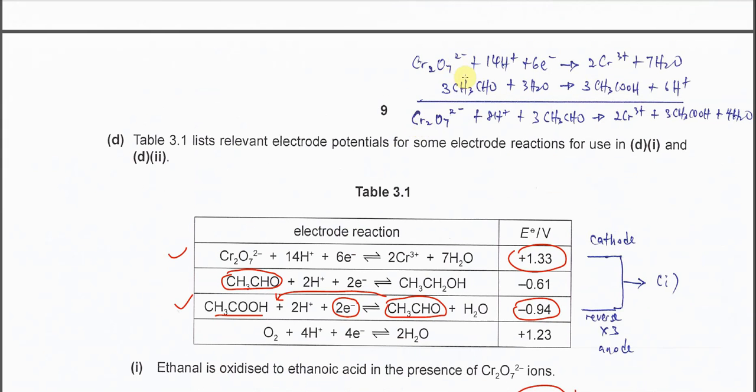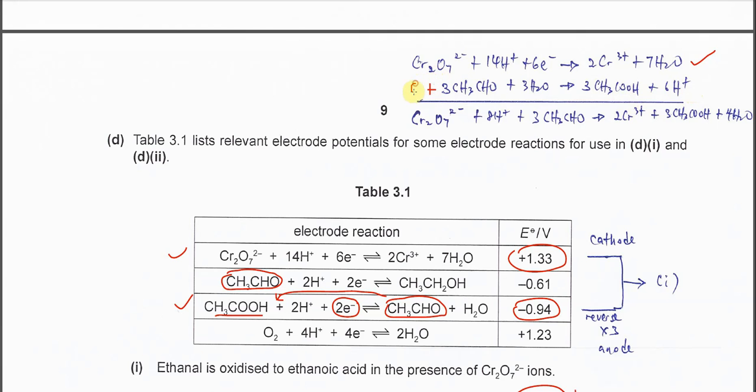Dichromate is the same half equation, and for the ethanal to ethanoic acid, you have to times the equation by 3. After times 3, you get 6 electrons.